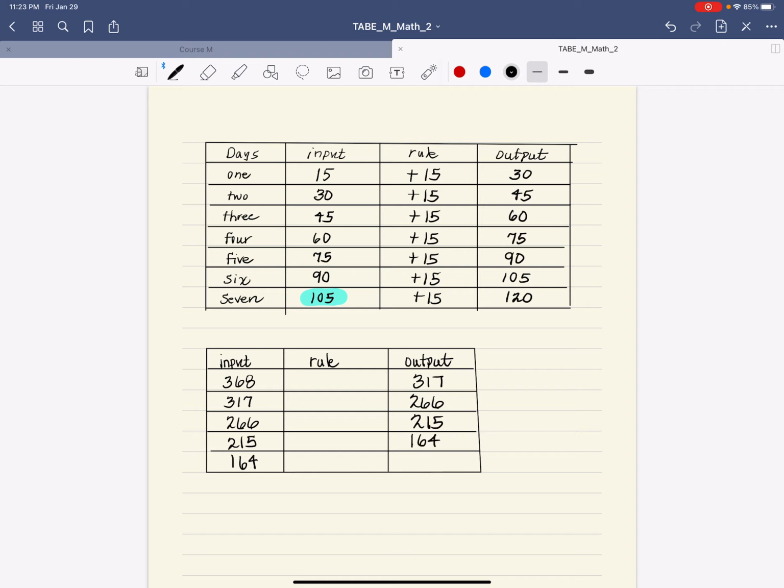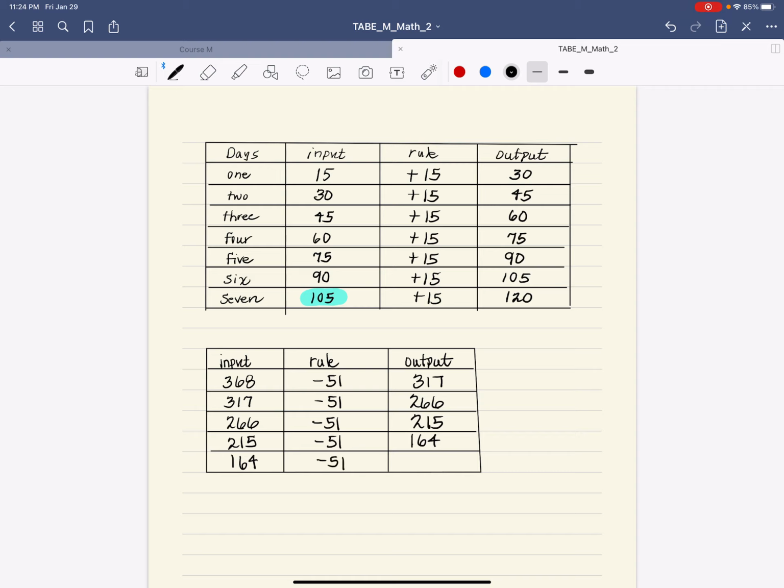It's breaking down. So it's division or subtraction. I think it's subtraction because it's not a huge jump. It's 51 though, but I believe this will work. 317 minus 51 is 266. 266 minus 51 is 215. 215 minus 51 is 164.